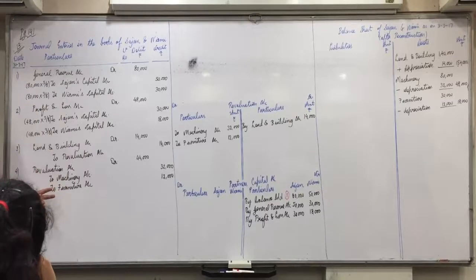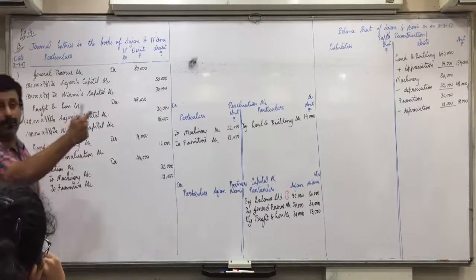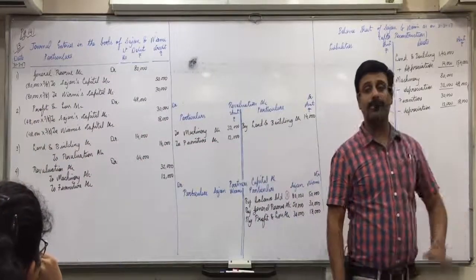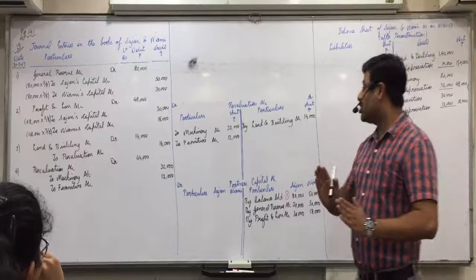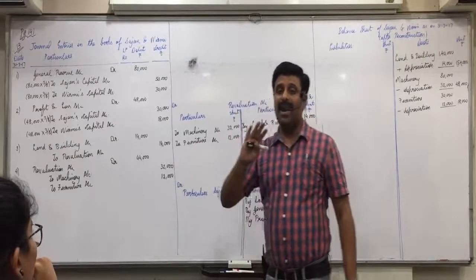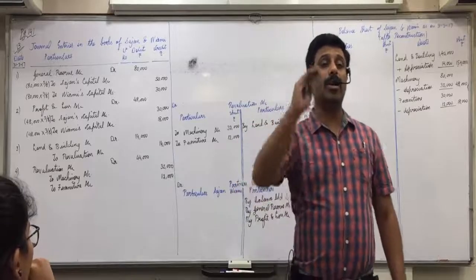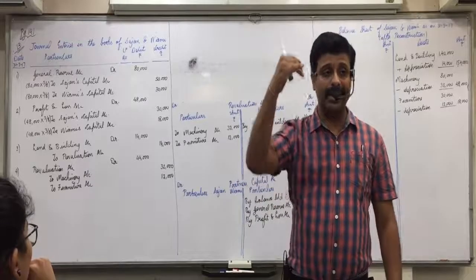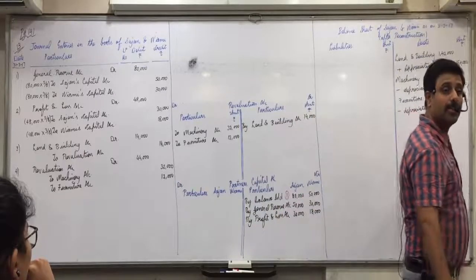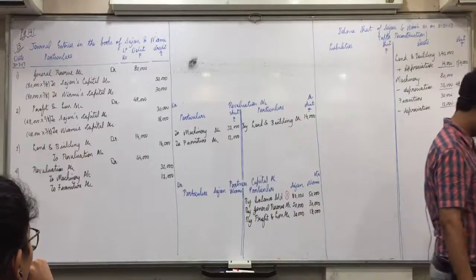Machinery and furniture have a debit balance, but we credit, so minus from machinery and minus from furniture. Other way around, it is a loss, so in revaluation it will come on the debit side. Is the value of machinery and furniture going up or going down? It is decreasing, so minus from machinery and minus from furniture. Any confusions?